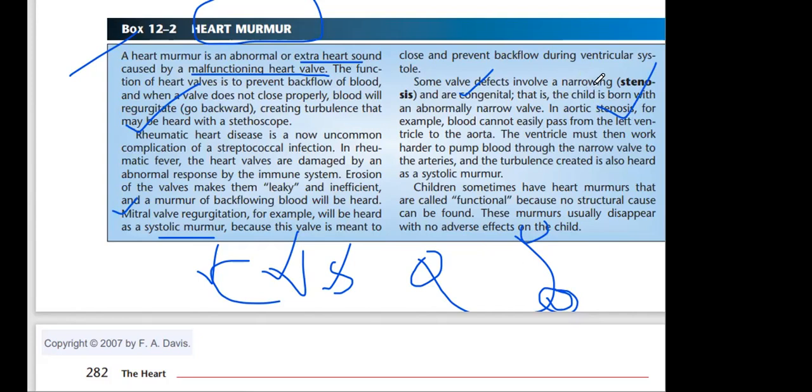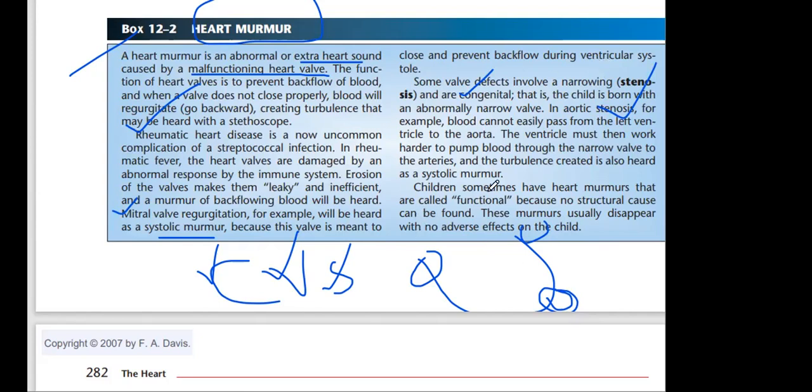Aortic stenosis means narrowing of the aortic valve or the large aortic artery. The pressure is put upon the aortic valve, so murmur sounds are heard.